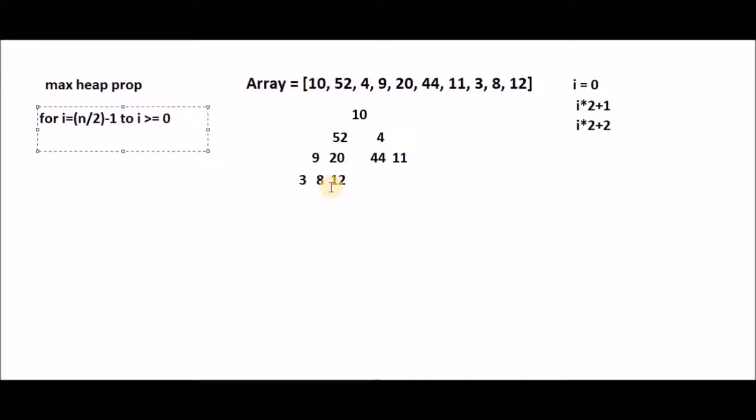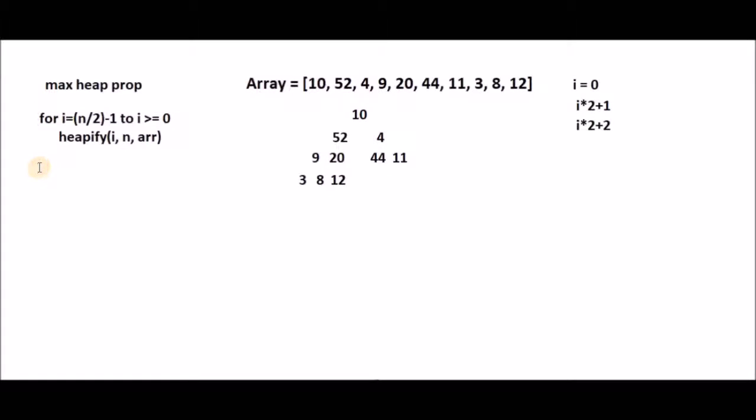So we run a heapify algorithm where I pass in my current index, that is i, then I pass in the end, and then I pass in the array that I'm trying to sort.